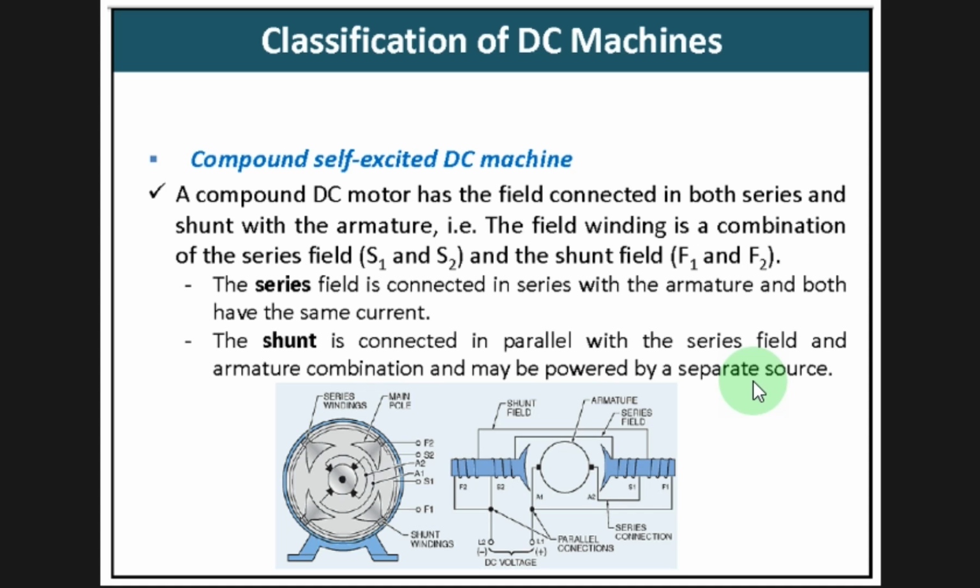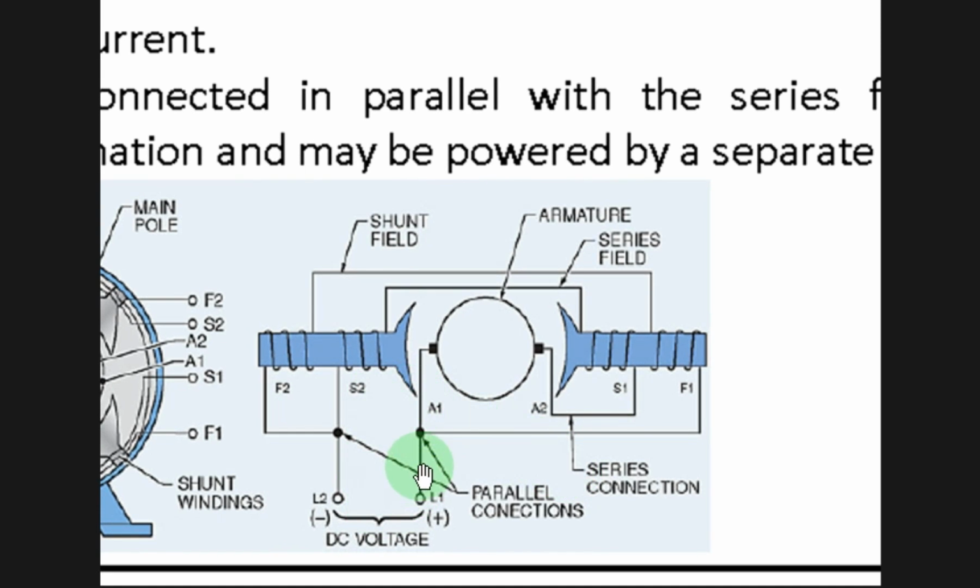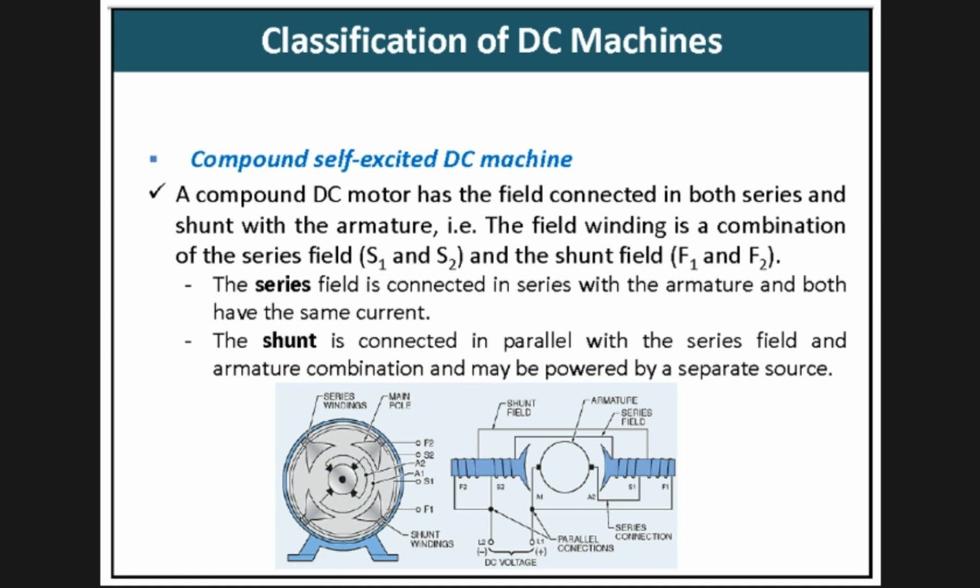So that means this is a combination of series and shunt self-excited machines. So if you look at how they are connected, see, this is the armature winding, and this field winding is connected in series with that, and then coming out here in the negative terminal, right?